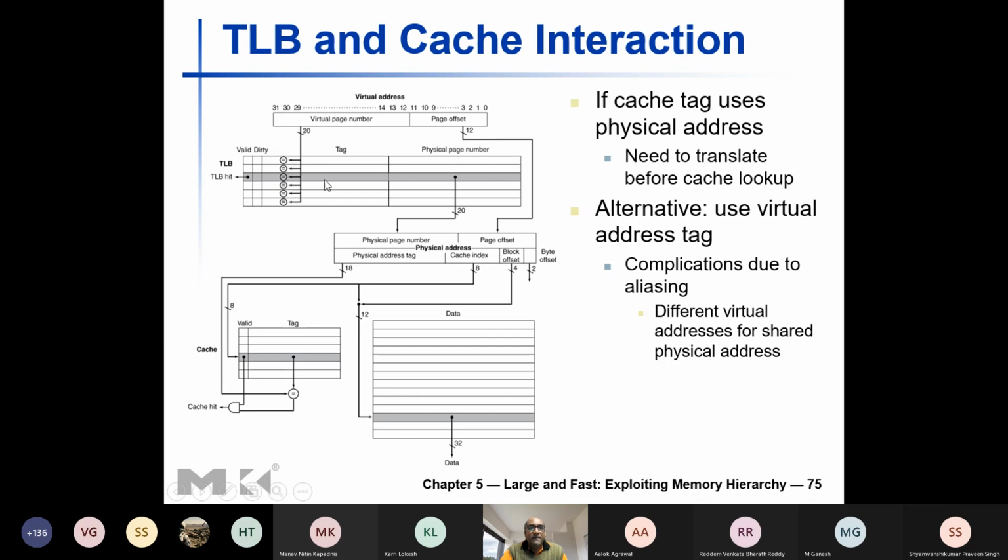If it is present, then based on this virtual page number directly, you can index the cache. You can search the cache directly. We are bypassing the TLB access here because we are just comparing with the tag, and if it is found, then immediately using this virtual page number the cache will be searched. That is known as a virtually indexed cache.